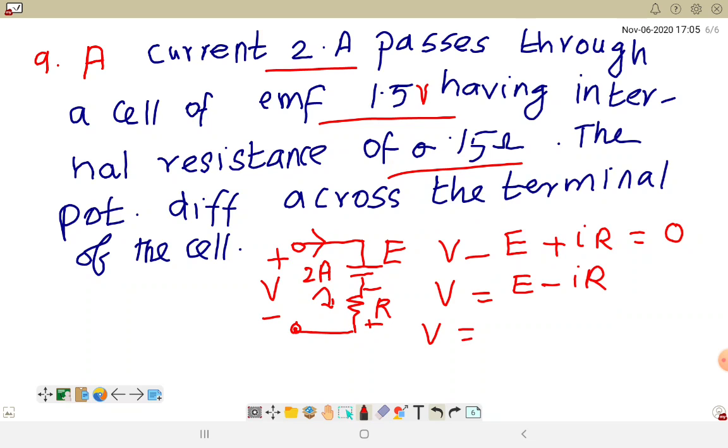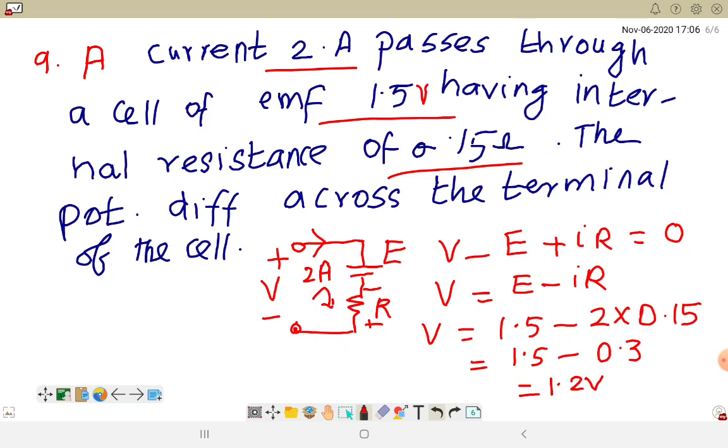So V is equal to E is 1.5 minus 2 into, I is 2, R is 0.15. 1.5 minus 0.3, 1.2 volt. This is the answer for voltage across the terminal of the cell.